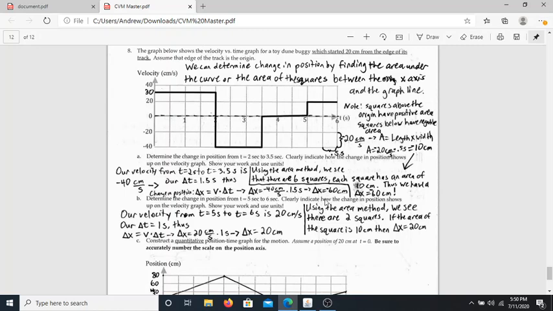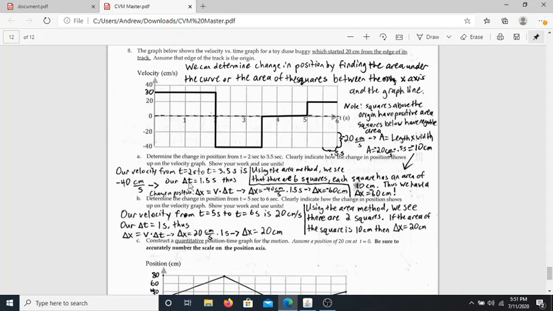So, the change in position from between 2 to 3.5 seconds is negative 60 centimeters. Okay? Now, I know that was a lot of math I just threw at you. What we just basically found out is that from 2 to 3.5 seconds, the object went backwards 60 centimeters. That's all this is saying.